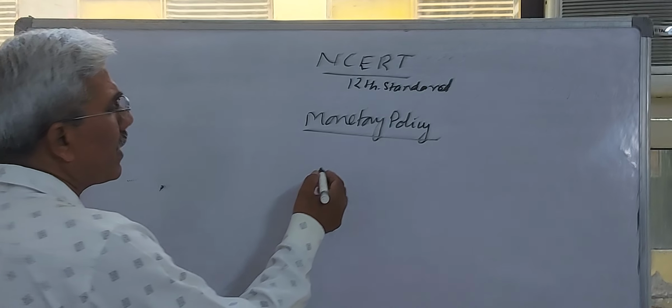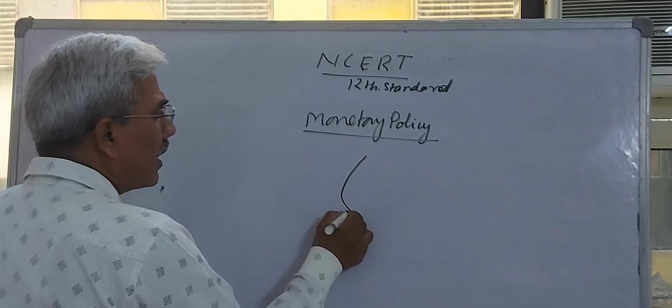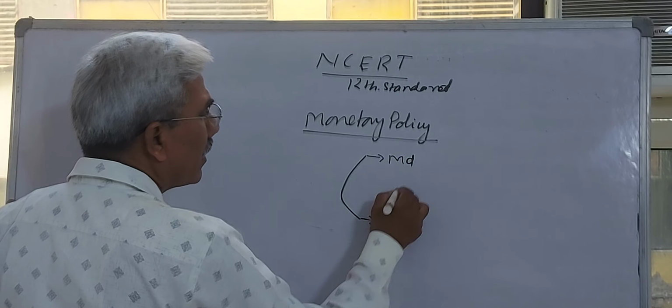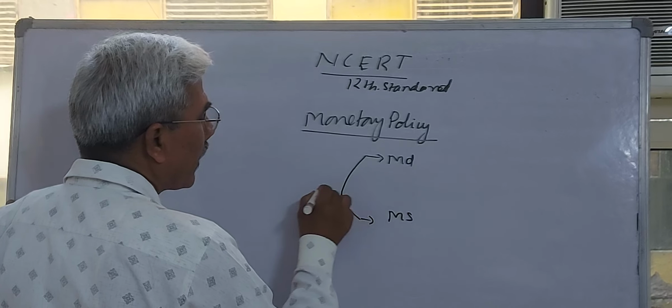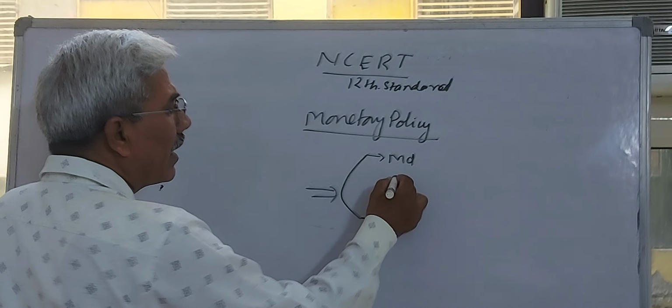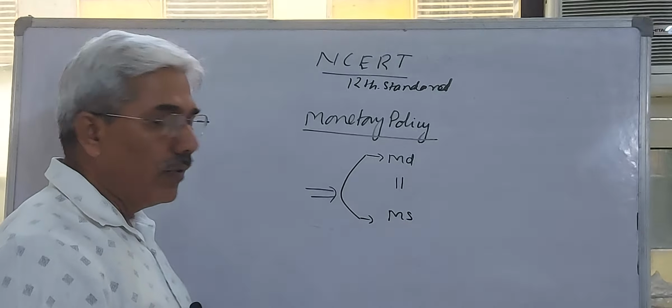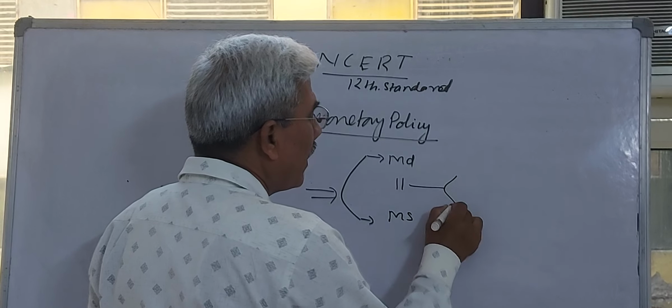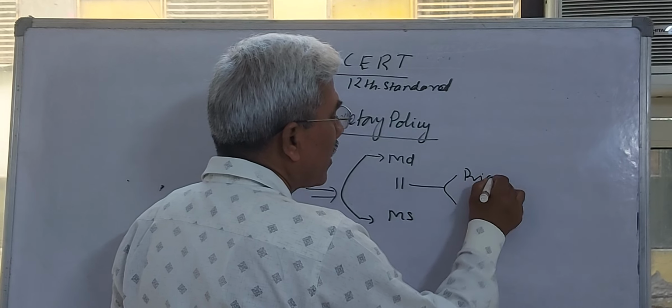Students, the policy which adjusts the mismatch between two, that is money demand and money supply. If money demand equals money supply, then the economy will grow with price stability.